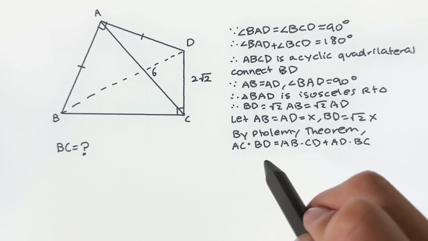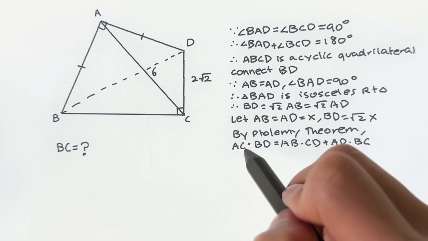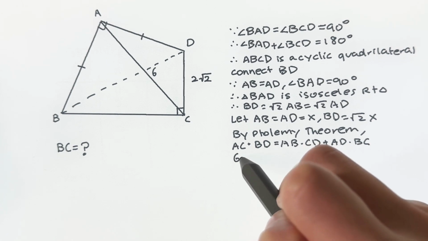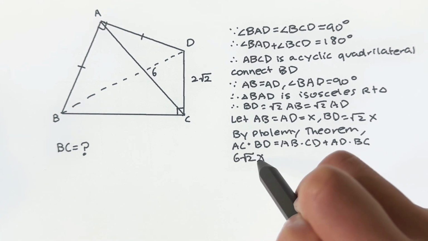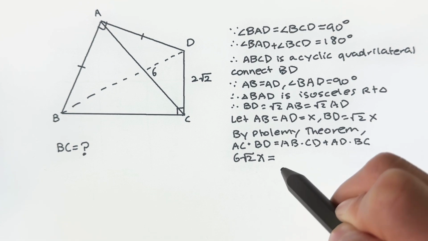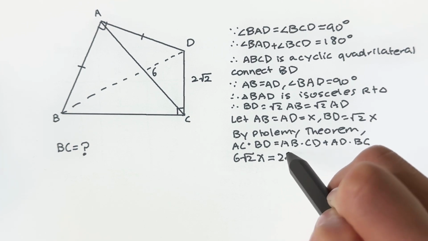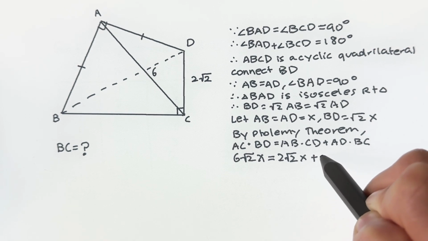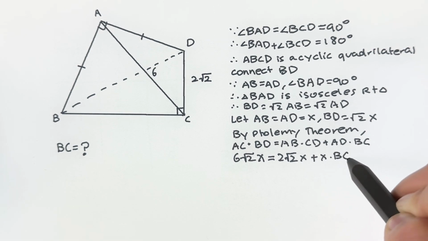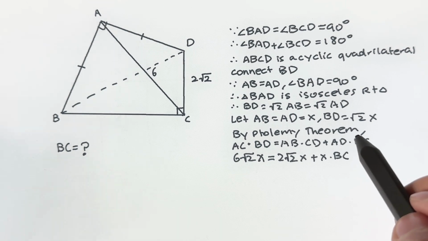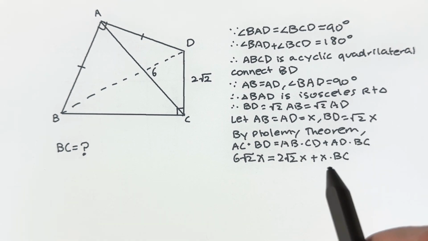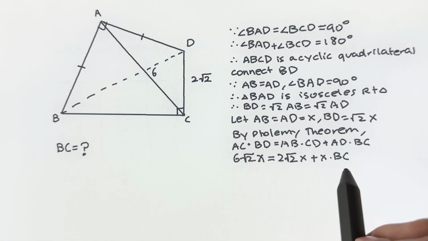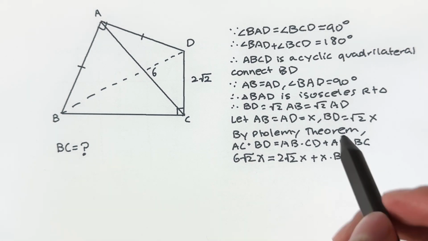Now we can plug in the values. AC equals 6, BD equals square root 2 x. So 6 square root 2 x equals 2 square root 2 x plus x times BC. Now we can divide by x on both sides, because x obviously cannot equal 0, since it's a side length.